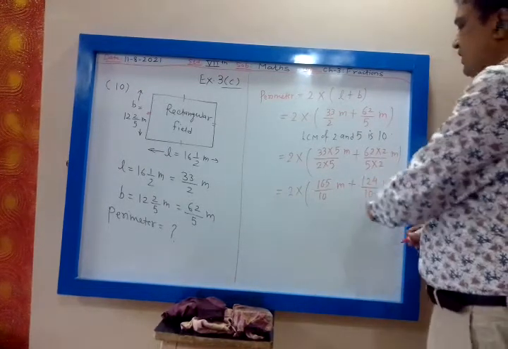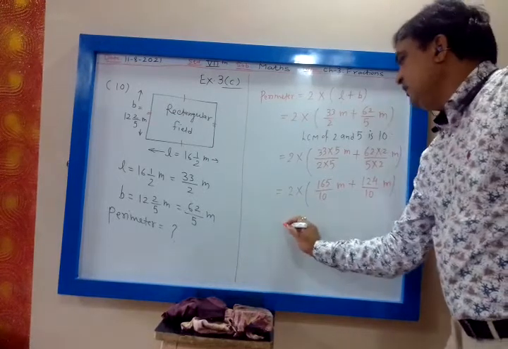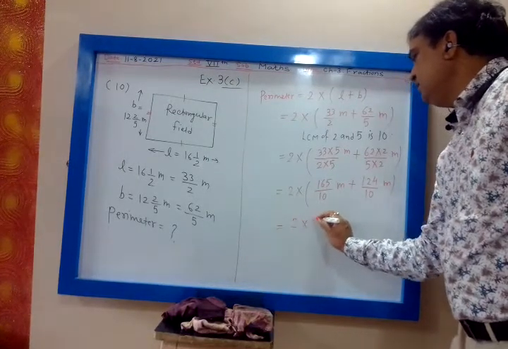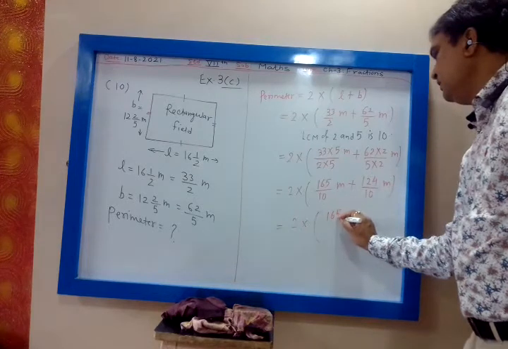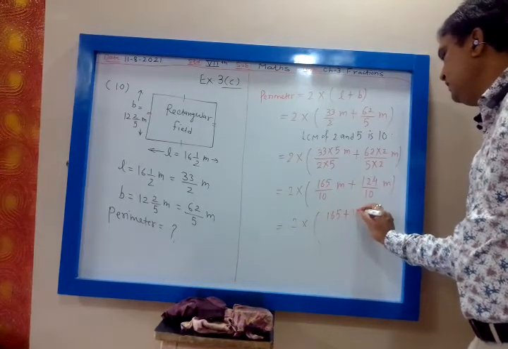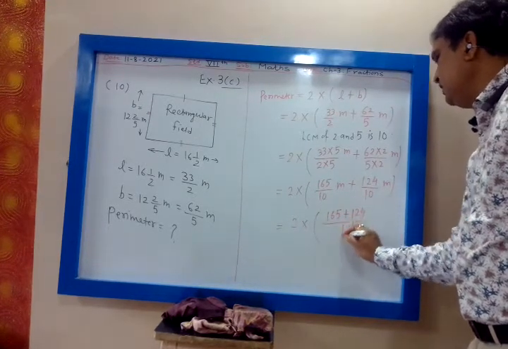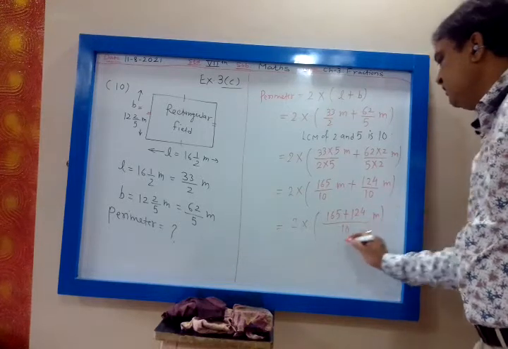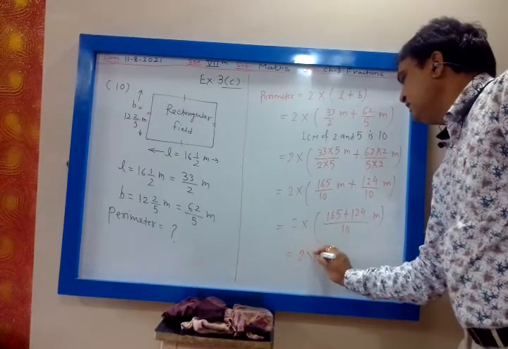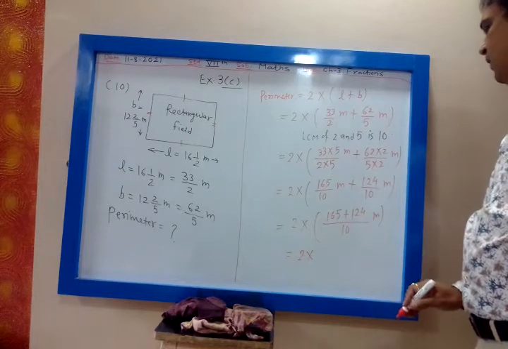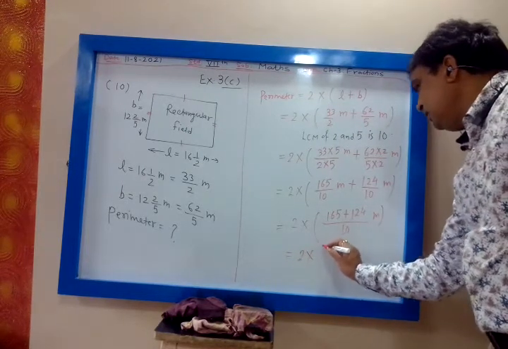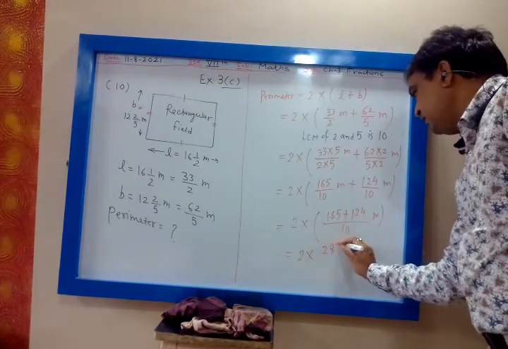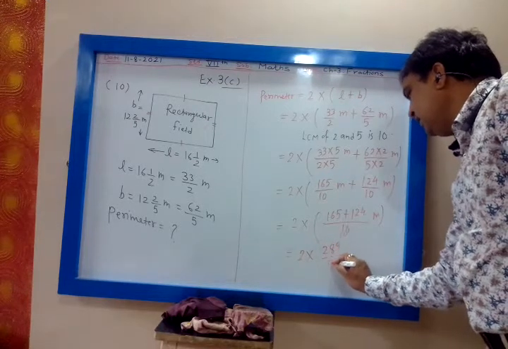Now denominator is same. You can add numerator. So 2 into 165 plus 124 upon 10 meter. So that is 2 into 289 upon 10 meter, correct?